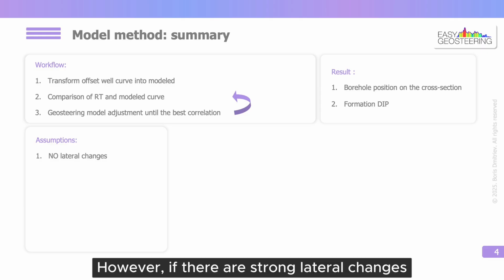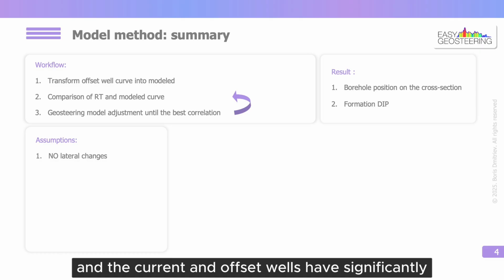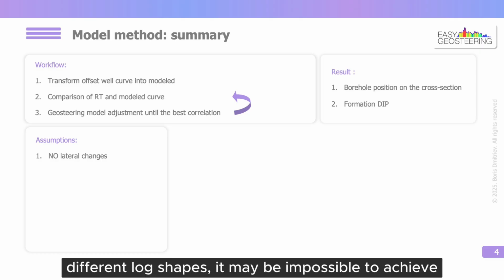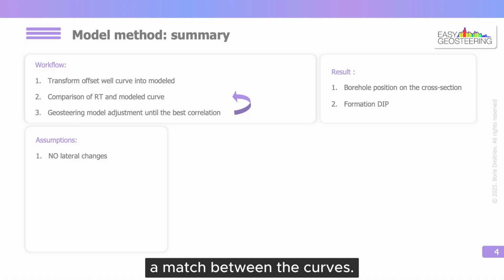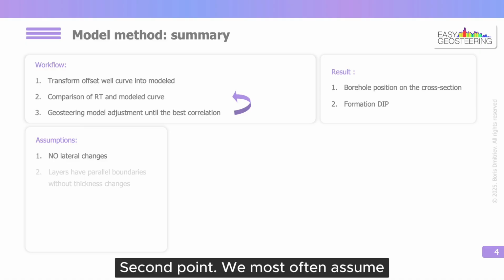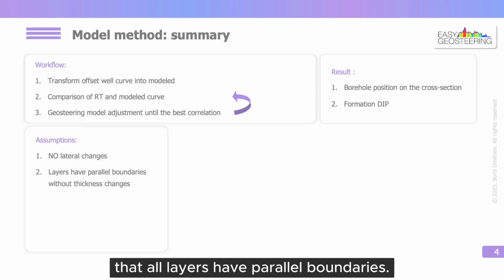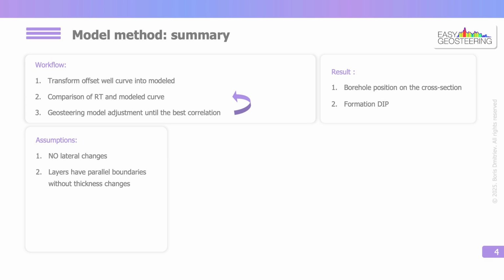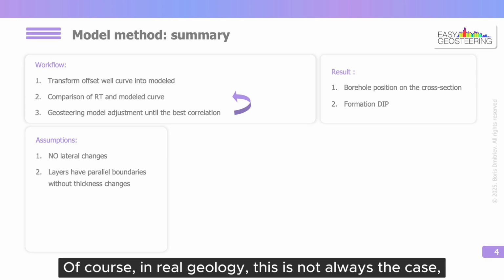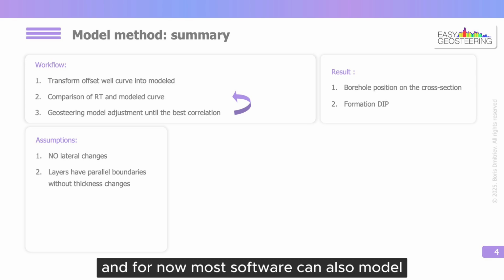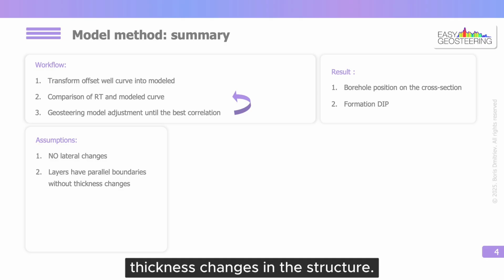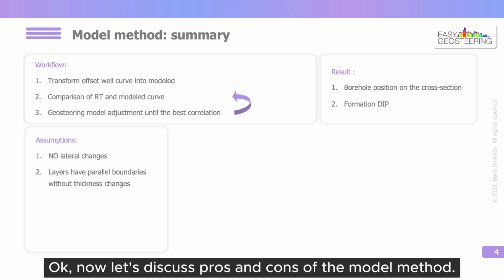However, if there are strong lateral changes and the current and offset wells have significantly different log shapes, it may be impossible to achieve a match between the curves. Second point, we most often assume that all layers have parallel boundaries. Of course, in real geology, this is not always the case, and for now, most software can also model thickness change in the structure.